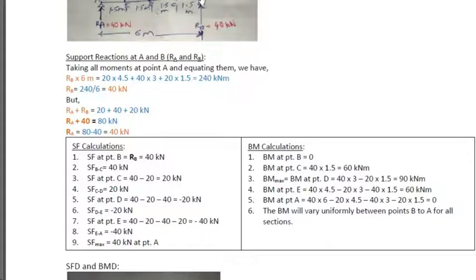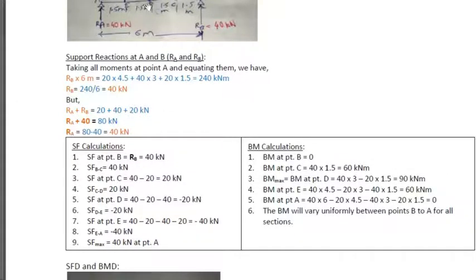Now for the section BC, BM is going to vary from 0 to this 60 kilonewton meter in a uniform manner because this is a point load. Then the BM is going to be maximum at point D where the SF is changing from positive to negative.